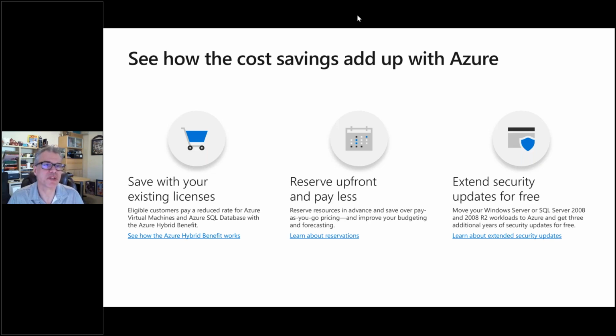Another really nice thing about the way Azure does it is if you change your mind or if your environment needs change, you can trade those reserved instances back in for other ones that fit your needs better, and there's no penalty. In fact, if you cancel entirely and break all of your commitments, the maximum penalty in a situation like that is something like 12%.